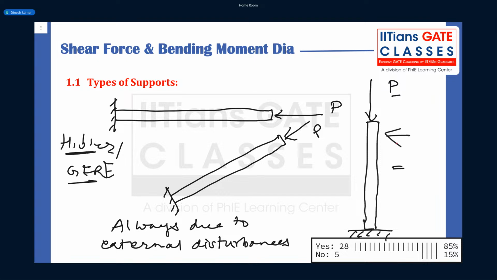That external disturbance will do what? It will bend this, right? Suppose it got deflected, or you can say it will deflect, by some angle theta.